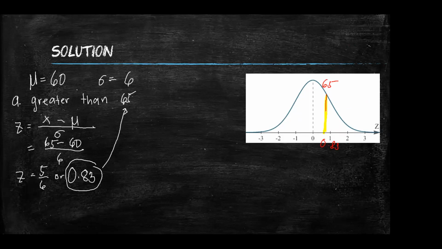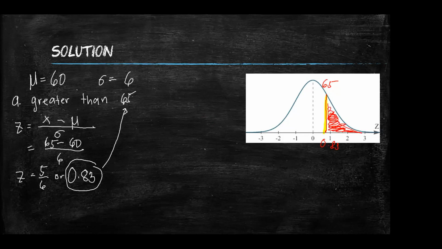Ngayon, kung greater than 65, saan makikita yung greater than 65? Sa left ng 0.83 or sa right ng 0.83? Sa right po. Yung greater than ng 65 is nasa right ng 0.83. Okay?